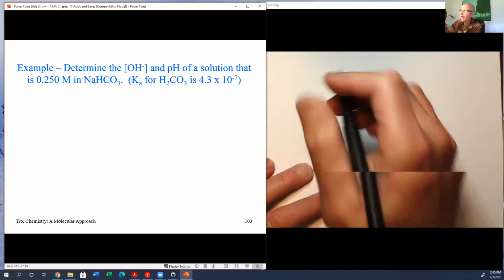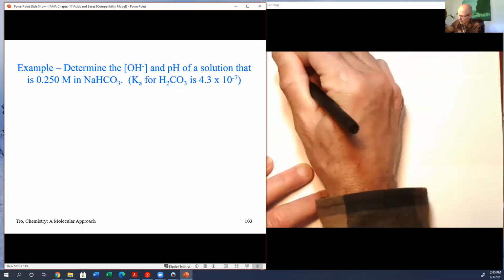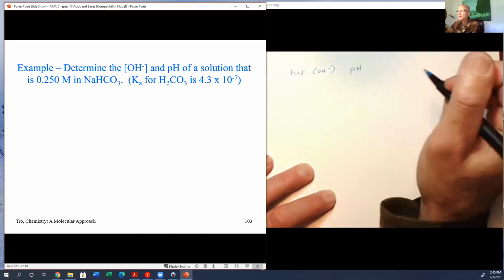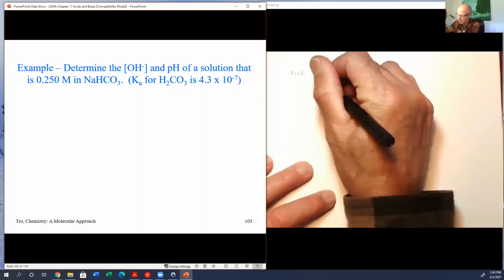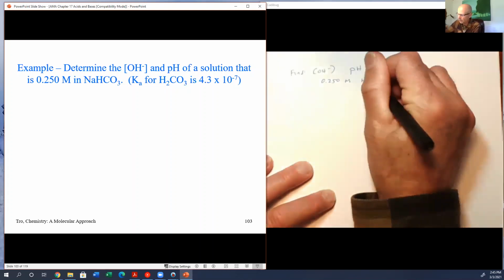We want to find the OH minus concentration and pH of a solution that is 0.250 molar sodium bicarbonate.